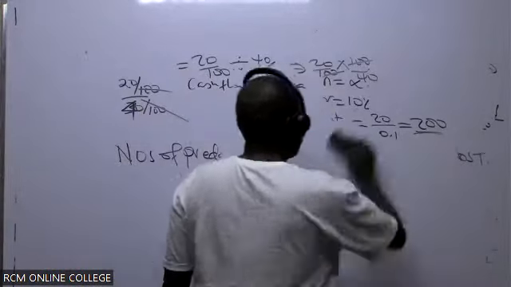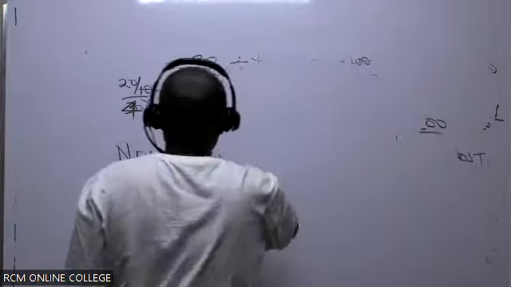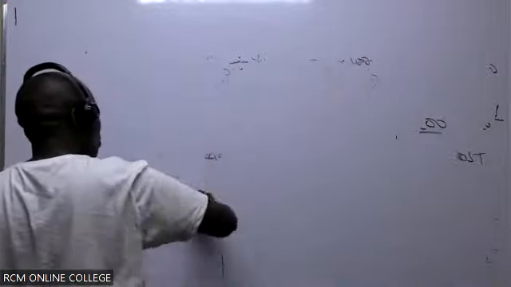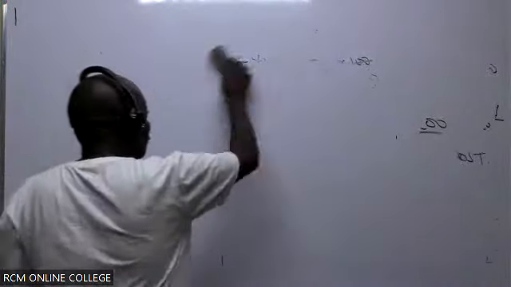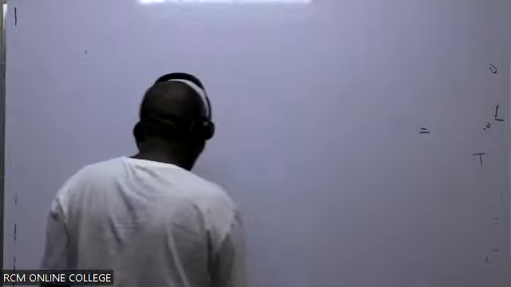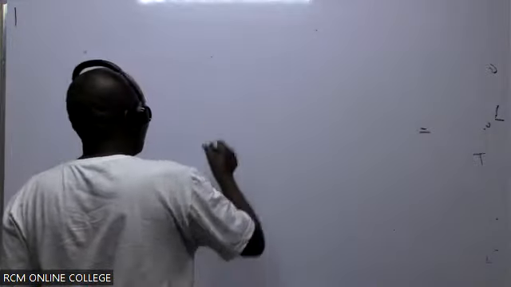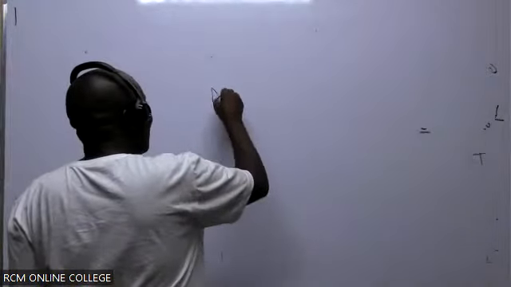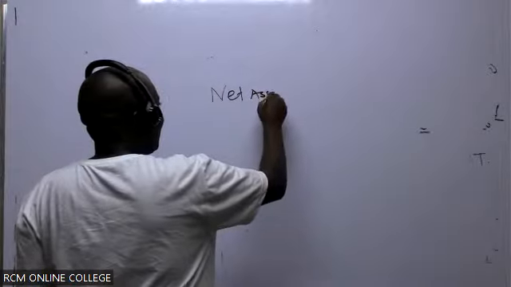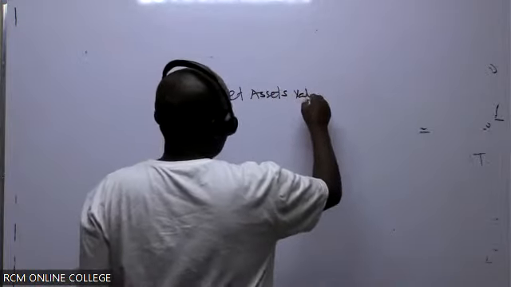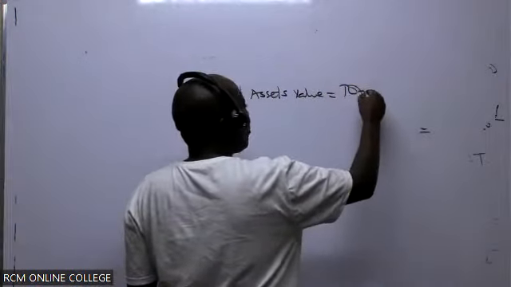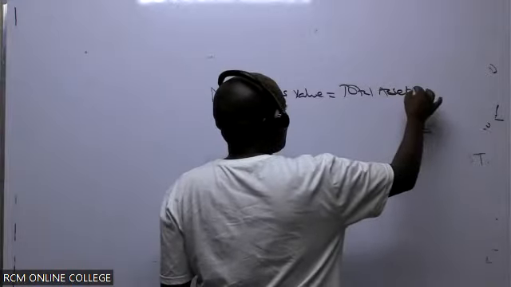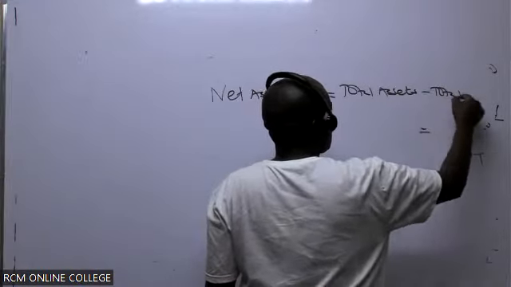Now, ladies and gentlemen, please listen to me very well. When we talk of net asset value, NAV, you're supposed to know that net assets of a company equals total assets minus total liabilities.